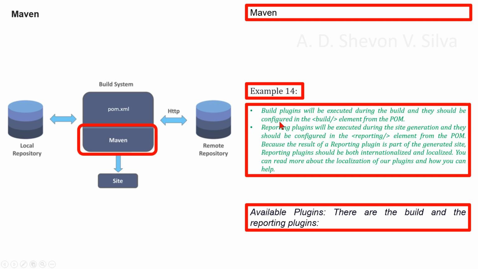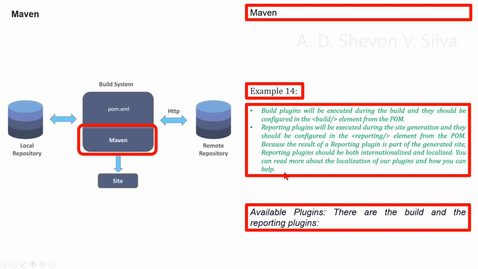Now we are considering available plugins. There are build and reporting plugins. Maven is at its heart a plugin execution framework. All work is done by plugins, looking for a specific goal to execute. Build plugins will be executed during the build, and they should be configured in the build element from the POM.